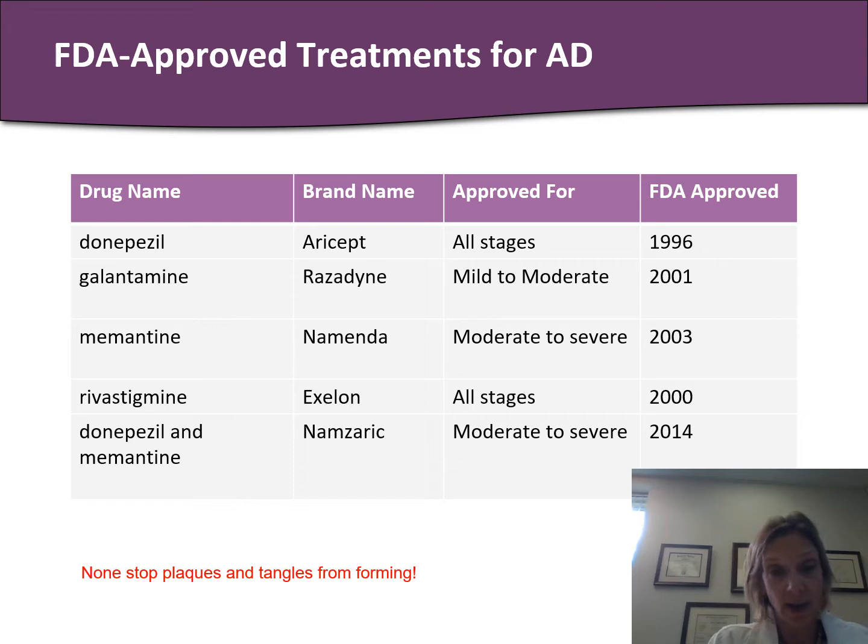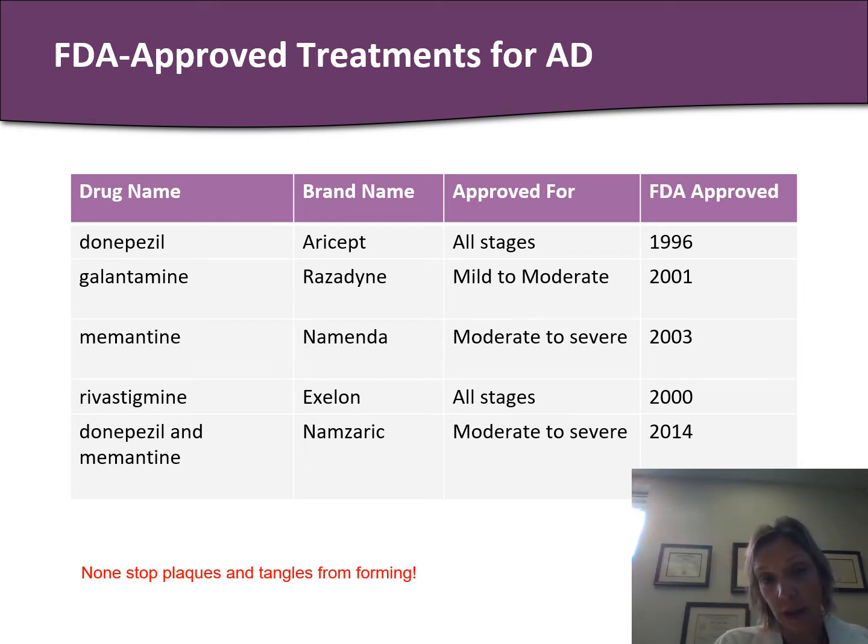On this slide, I've listed the currently approved treatments for Alzheimer's disease by the FDA. There basically are two classifications of medications. One are the cholinesterase inhibitors, and this group of medications helps to keep more acetylcholine in the brain by inhibiting an enzyme that breaks it down.